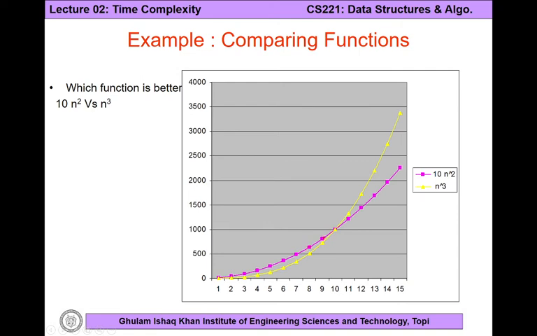Initially this pink line has more values, but after this particular point the yellow line has increased abruptly as compared to the pink line. So after this point, this yellow line has become the asymptote or big O of this pink line. It means that n cube is asymptote of n square, right?